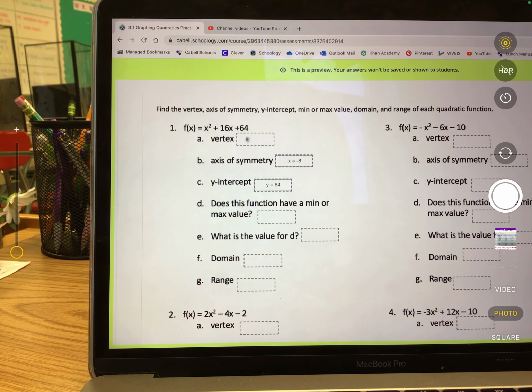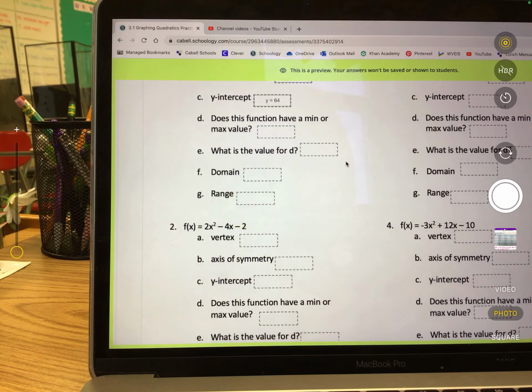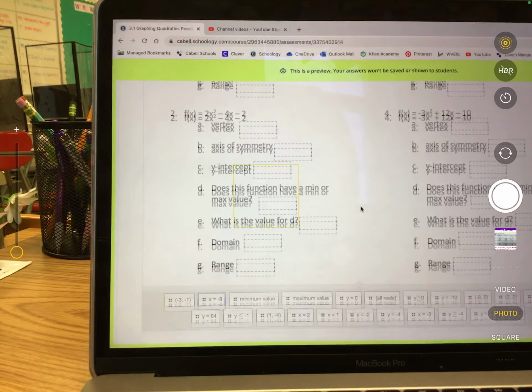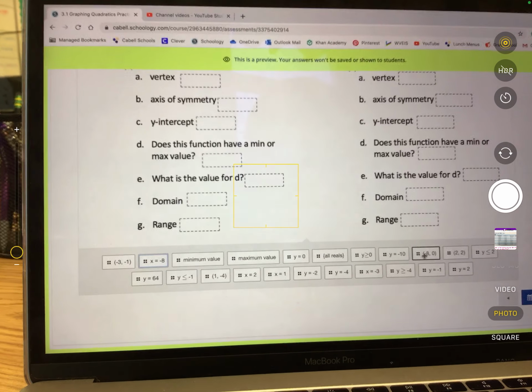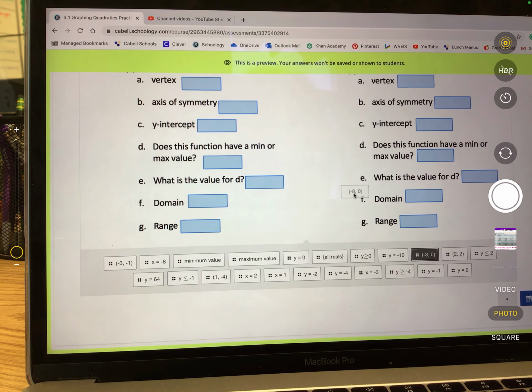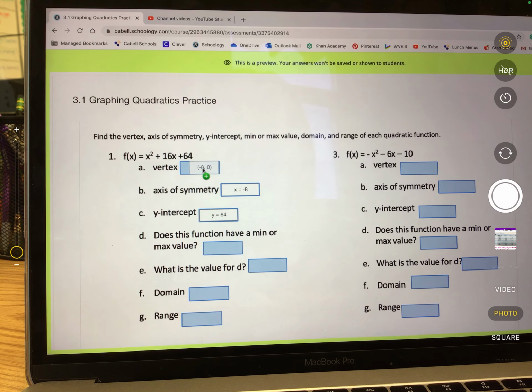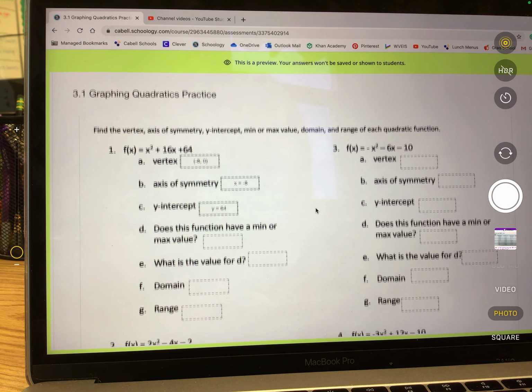When you put it back into that equation, you should get the vertex. So negative 8 squared is 64, minus 16 times negative 8, plus 64. And it's going to be a point, remember. So go down here, it's negative 8 and 0. Bring it up there, put it right there.